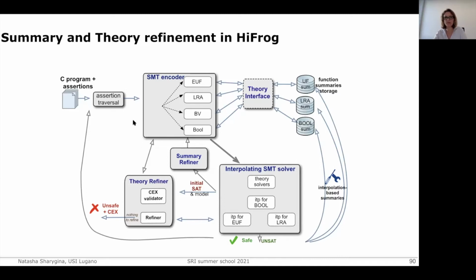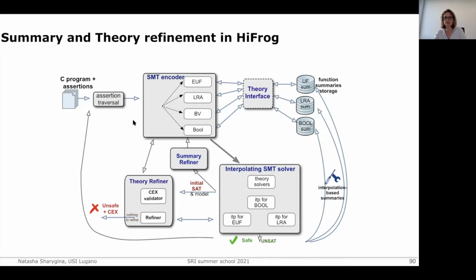And there is this process which could be essentially automated, which is done in our tool. So we can actually modify some summaries, for example, if the level of encoding is not appropriate for the verification task which we are doing.